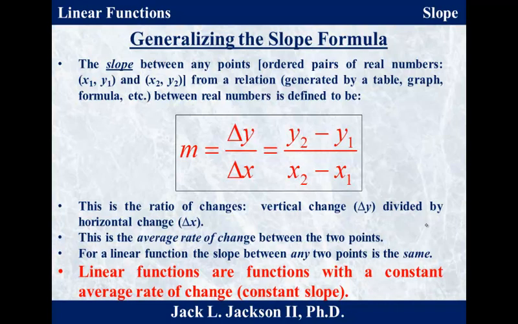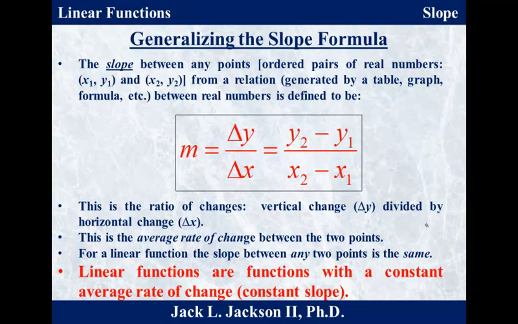If delta y is negative, we went down. And then the delta x in the denominator is the horizontal change. It's the difference in the x's, x2 minus x1. If delta x is positive, we went to the right from point 1 to point 2. And if delta x is negative, we went to the left.